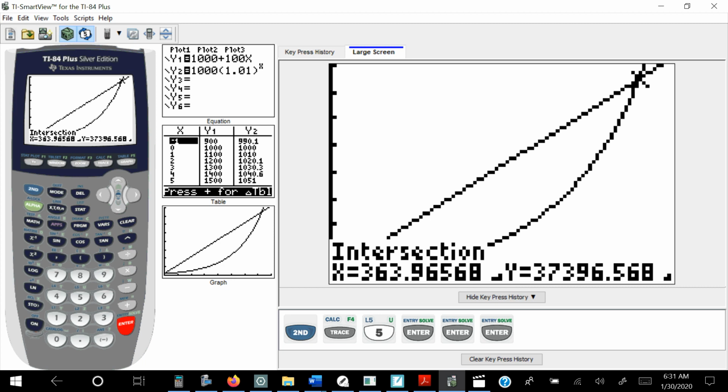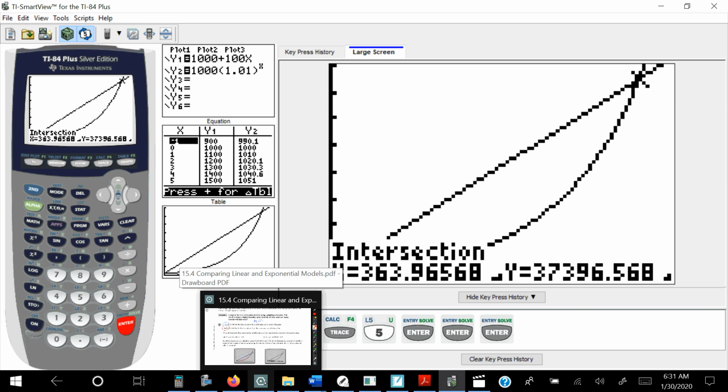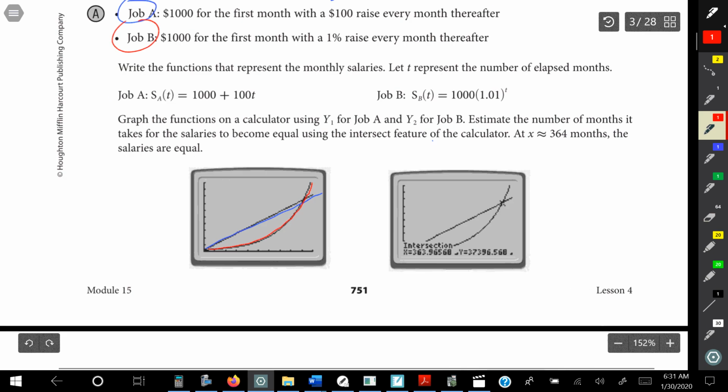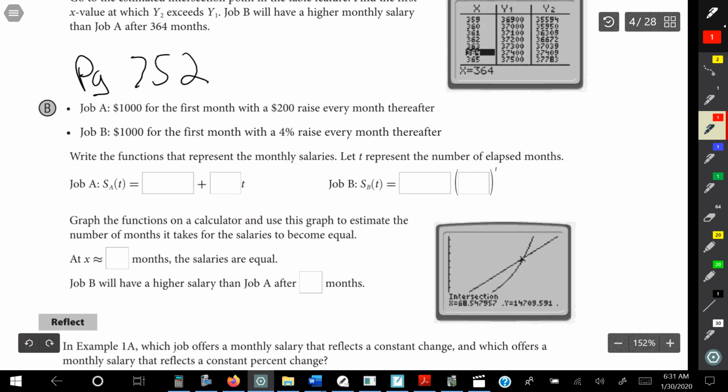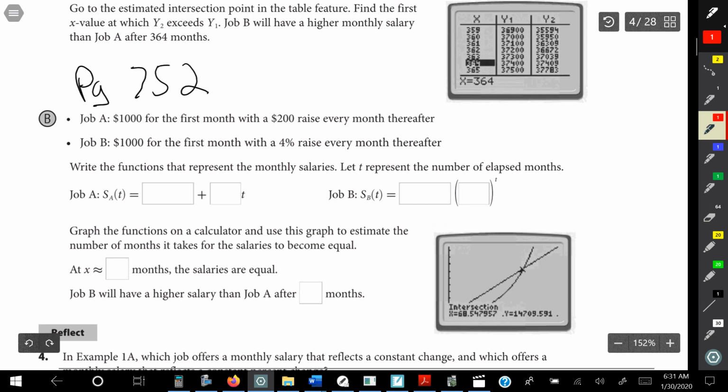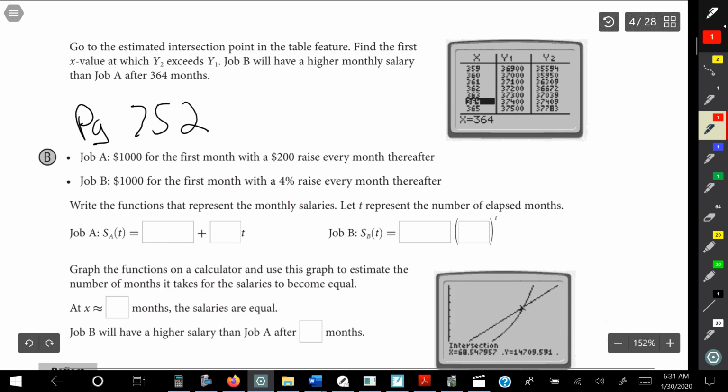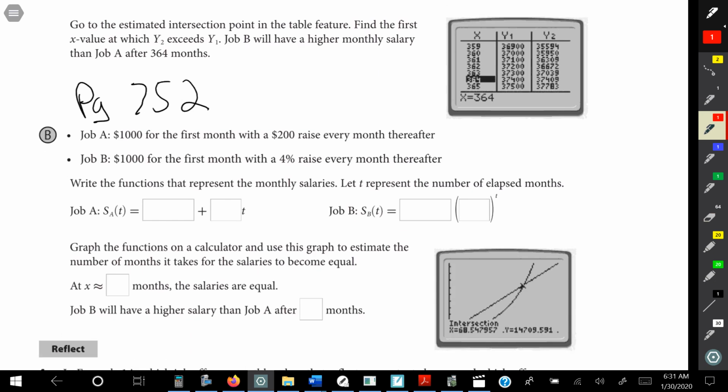All right, let's take a look at another example. Okay, so in this example here, and I didn't go over this on the previous one, her job A is 1,000 for the first month with a $200 raise every month thereafter, and job B is 1,000 for the first month with a 4% raise every month thereafter.